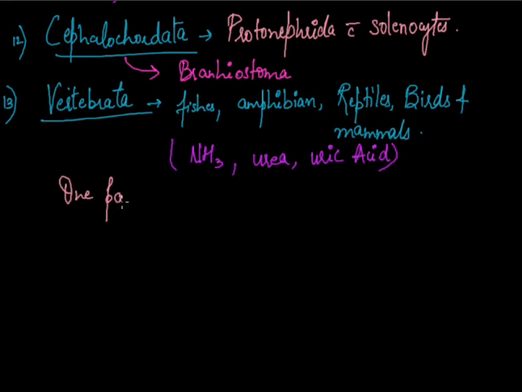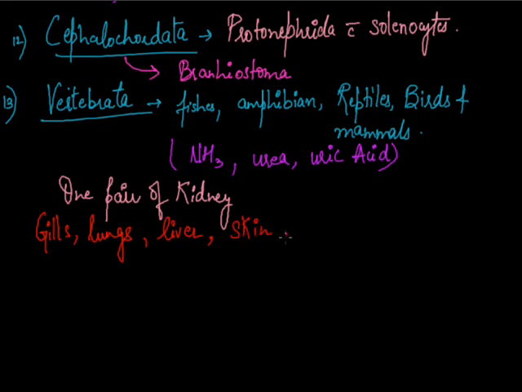One pair of kidneys is present in all vertebrata as an essential excretory organ, while some also have gills, lungs, liver, skin, intestine, etc. as their accessory excretory organs.